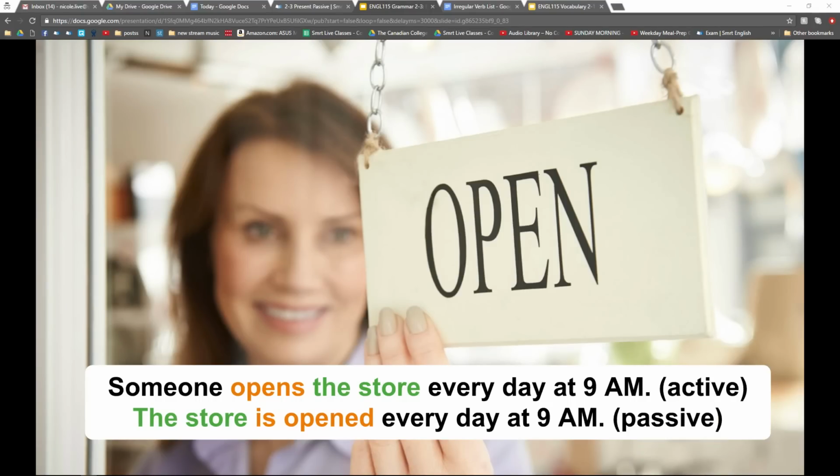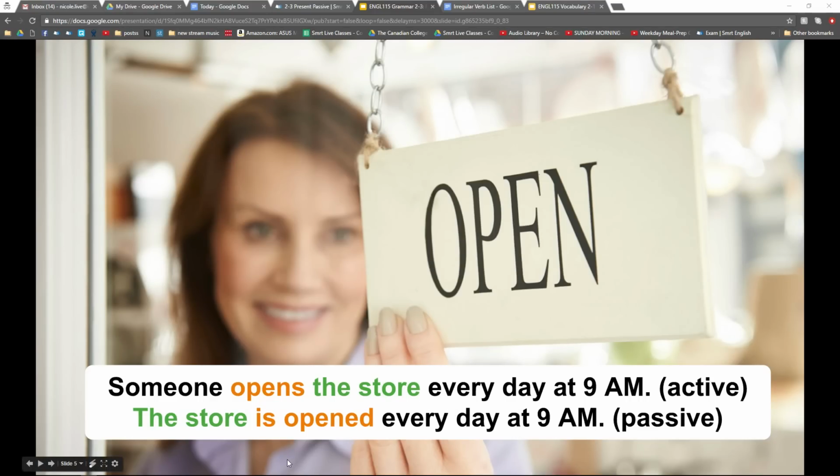Here it says, "Someone opens the store every day at 9 a.m." This sentence is active. Active means it's normal style, usual style, with a subject, verb, object, normal grammar.